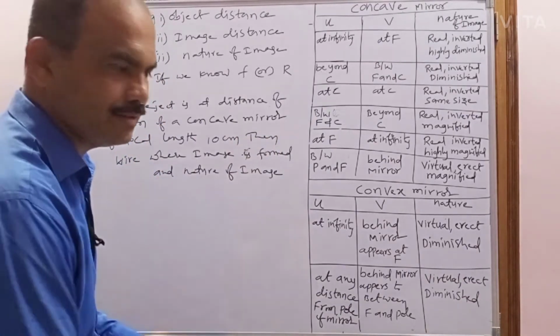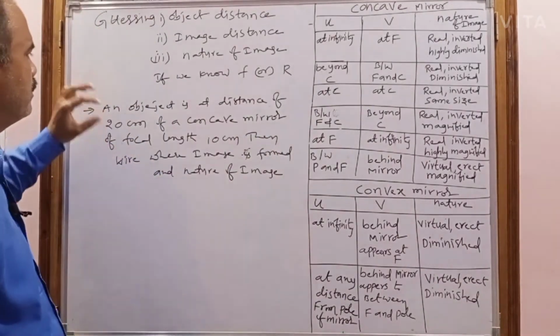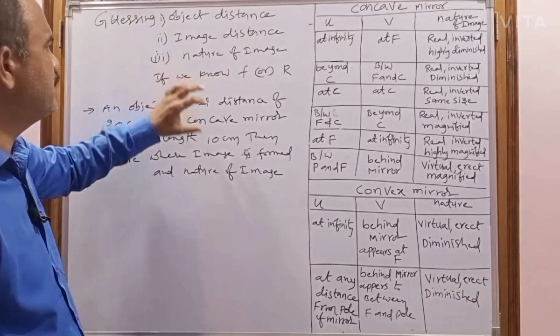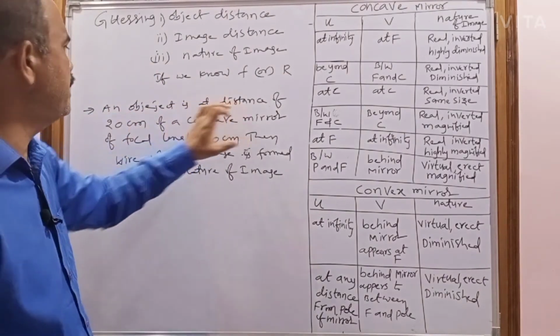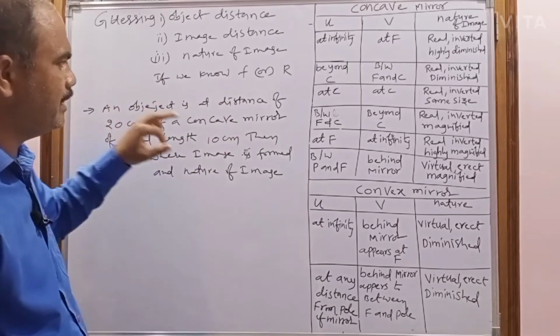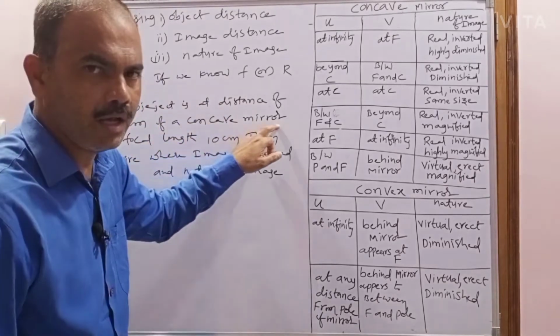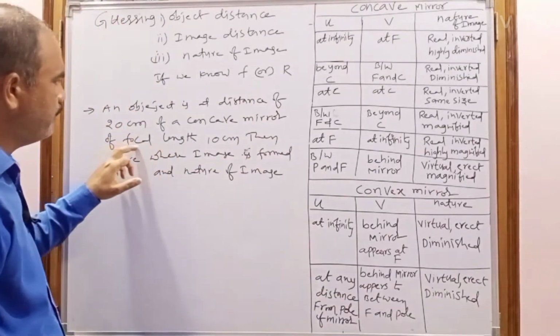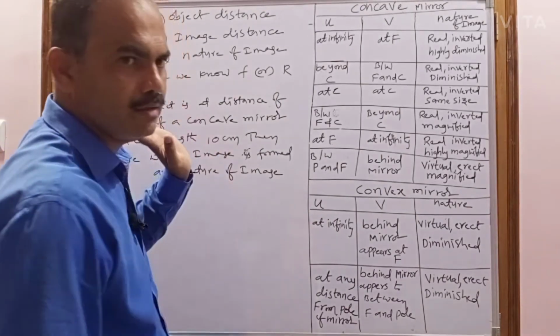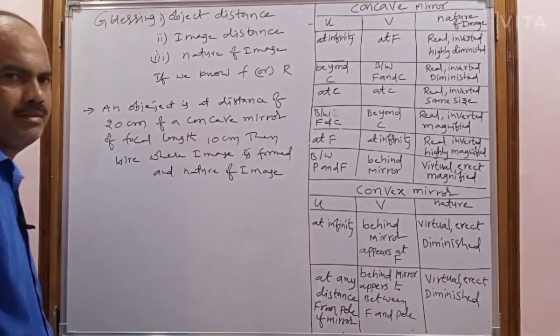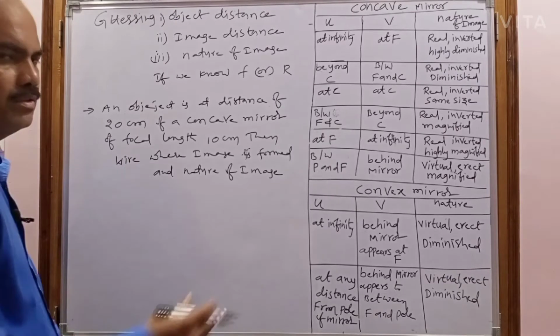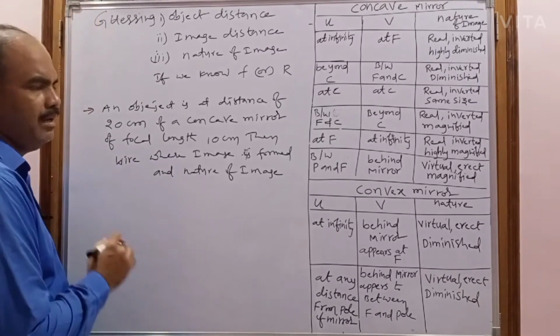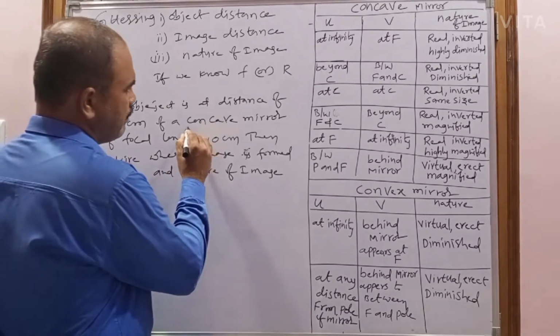So how can you guess what is given? They will give an object distance. So an object is at a distance of 20 centimeter, and they give the mirror, a concave mirror, and they will give the focal length of the concave mirror. Then how can you guess the nature? First of all, you have to identify which type of mirror is given.